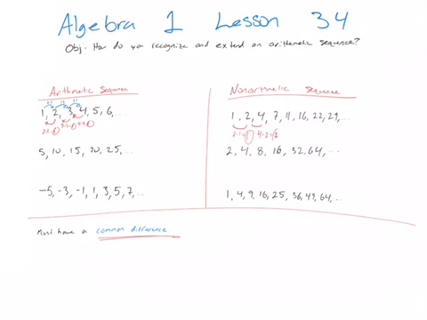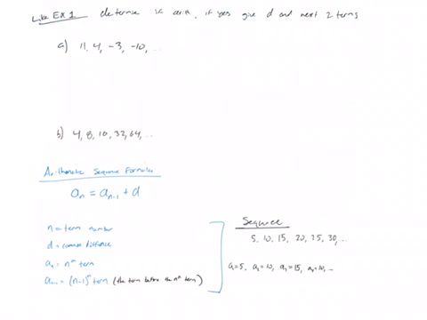Those are not the same, so it doesn't work. Same idea here: 4 minus 2 gives me 2, but 8 minus 4 gives me 4. So those are not common. You can do the same thing with the third one as well. To be an arithmetic sequence, they must have a common difference.